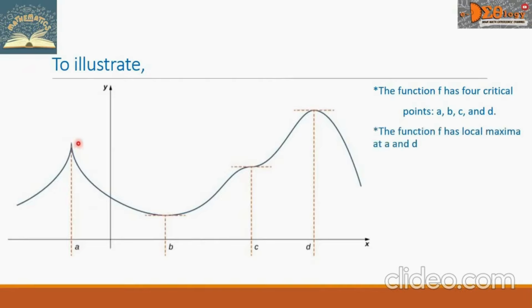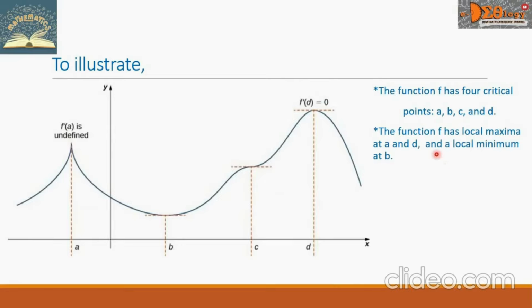Now, the function f has local maxima at point A and point D. At point A, we say that the f prime of A is undefined. In here, the tangent line is vertical. At point D, the f prime of D is equal to 0.